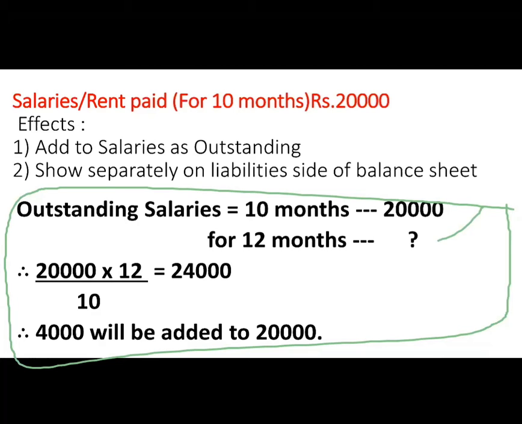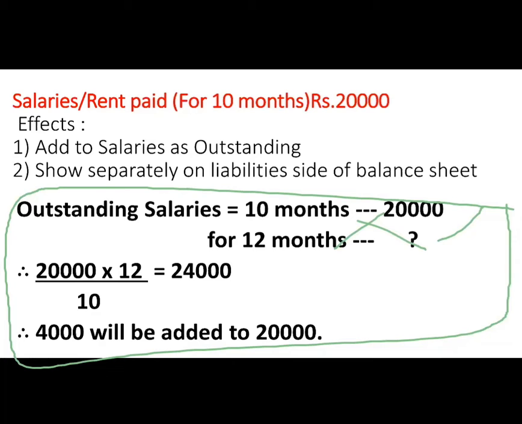That will be a cross multiplication: 20,000 multiplied by 12, divided by 10. Then you get the answer 24,000.